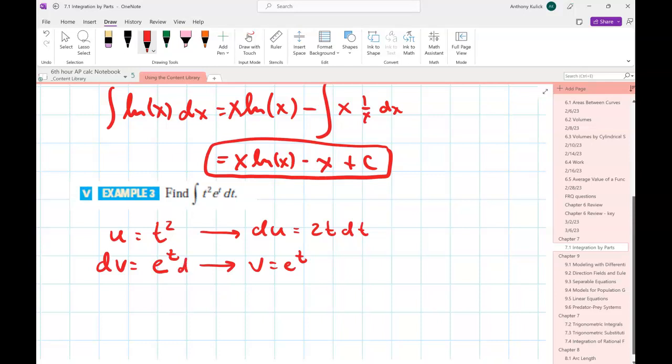Oh, I guess I should write dt at the end of that. Is everybody okay? Okay, so I have uv minus the integral of v du.